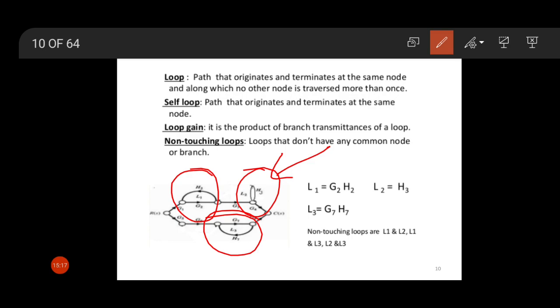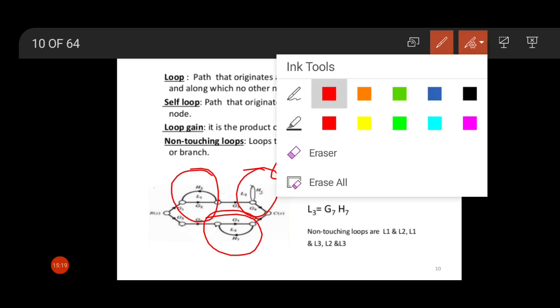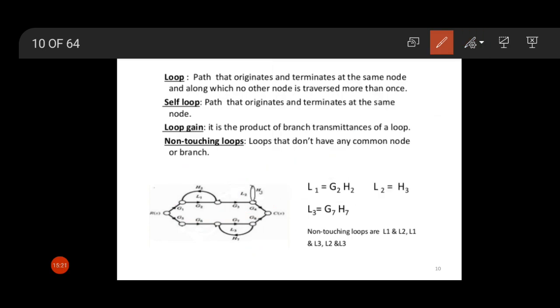Now come to the next term, which is loop gain. What is the loop gain? Loop gain is the product of branch transmittances of a loop. If we consider this signal flow graph, there are 3 loops.